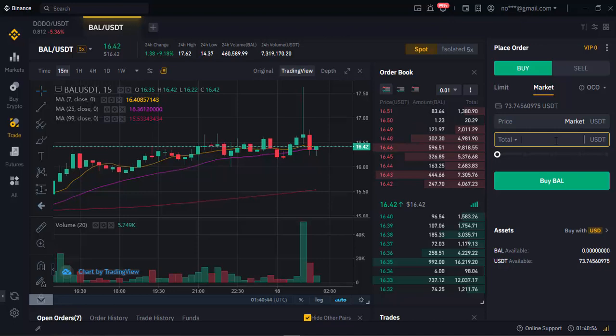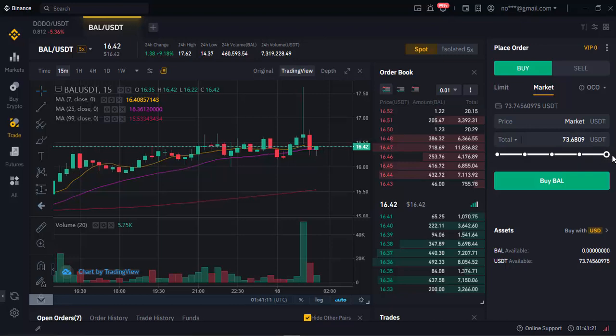So if you want to, let's say, buy $50 worth of bar, you go ahead and write it by yourself, $50. But if you want to use percentage, you can use your mouse to scroll it from left to right to increase it.